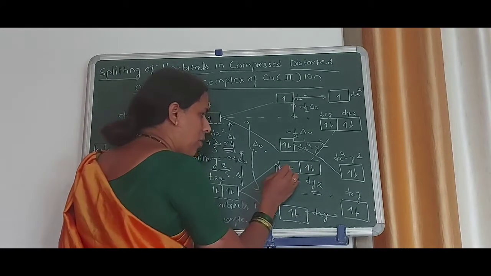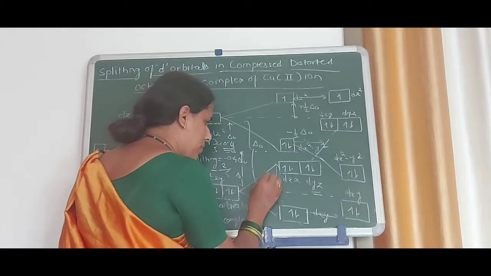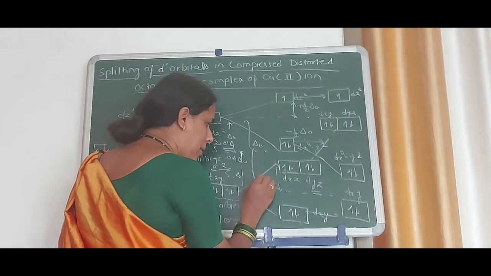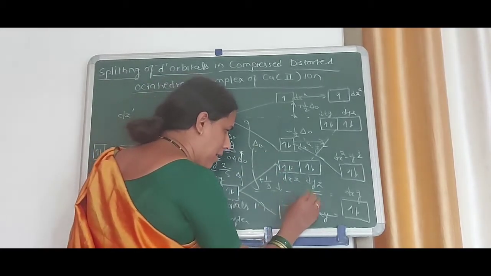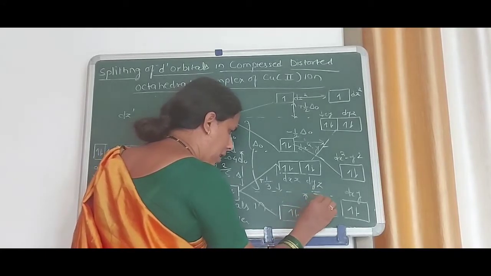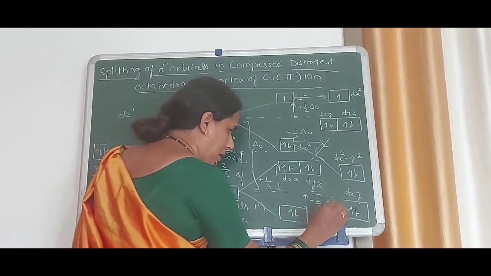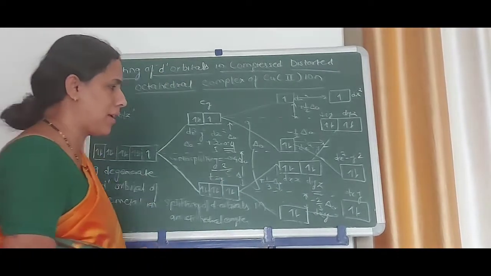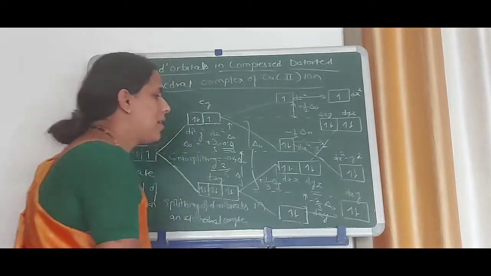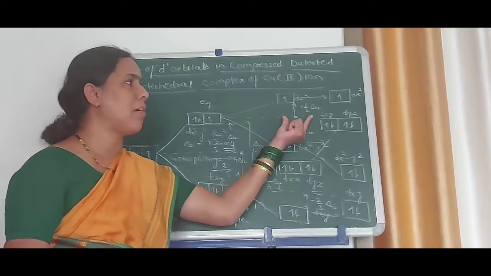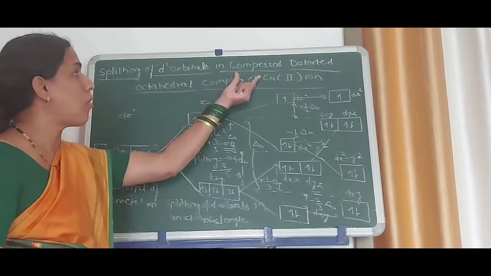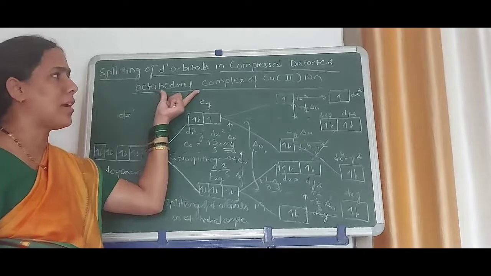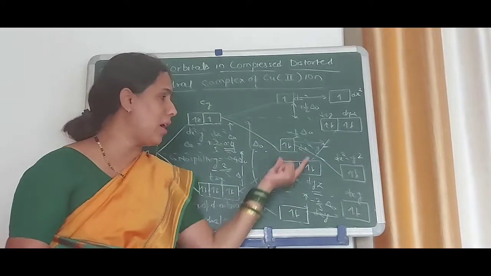And up to here? 2, that is plus 1/3 and plus 1/3, and here minus 2/3 delta octahedral, minus 1/3 and minus 2/3 octahedral. Thus there is a splitting of the d orbitals in a compressed distorted octahedral complex of a Cu2+ ion.